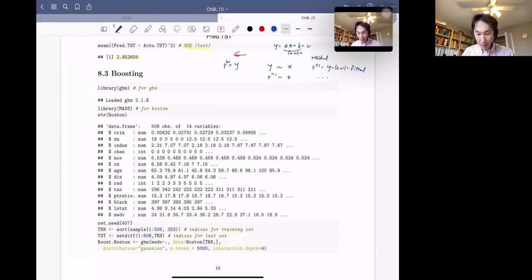We repeat many times, then we get the fitted value finally. So in random forest we always fit y on x, but in boosting we calculate residual, then we fit residual on the predictors. So it's a slightly different, more sequential method. Random forest is just a kind of average of several experiments.